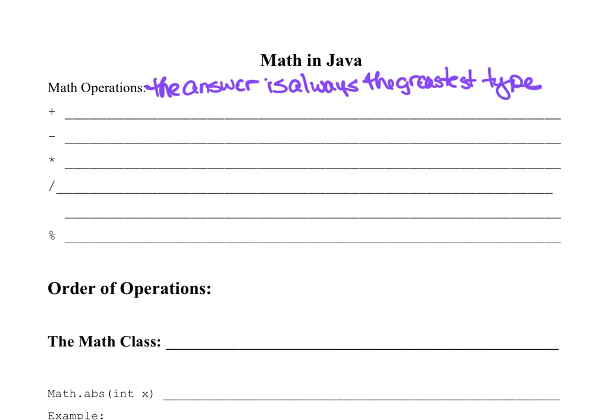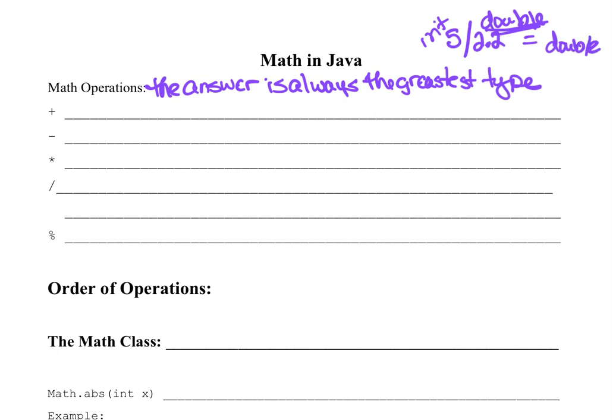So for example, if I do 5 divided by 2.2, now 2.2 is smaller, but it's a double, so it's considered a greater type. So if this one is a double, and this one is an int, the answer is the greatest type, which is double. So the answer will be a double, and whatever that answer turns out to be.